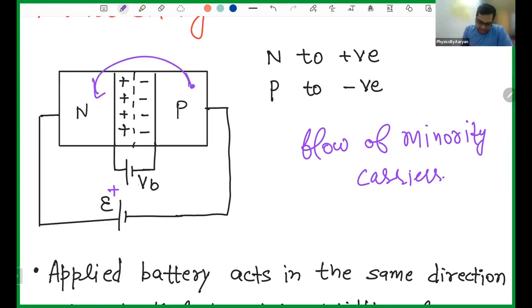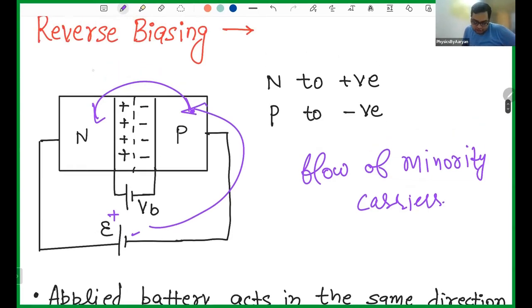Because now this negative of the battery will repel these electrons and say go to this side. Once the electrons go from here to here, your current is actually from N to P, because current is opposite to the direction of flow of electrons. So minority charge carriers are flowing, so current is in the opposite direction.